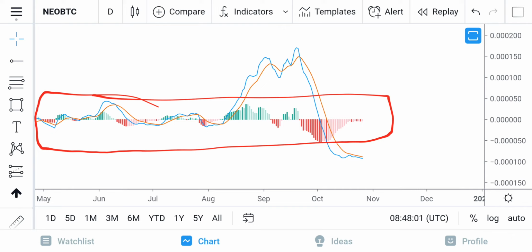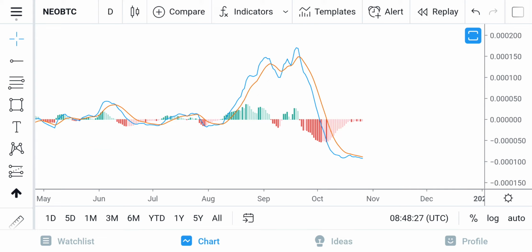If the histogram is changing to red, it's telling you that sellers are in control. If it's changing to green, it's telling you that buyers are in control. And if the histogram is becoming a lighter red, it's telling you that selling pressure is reducing and buyers might take over the market soon. And if the histogram is turning to lighter green, it's telling you that buying pressure is reducing.